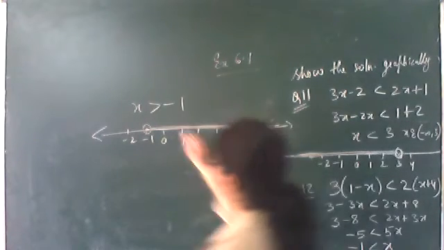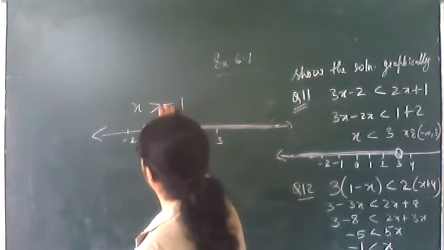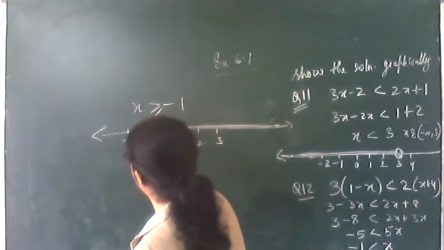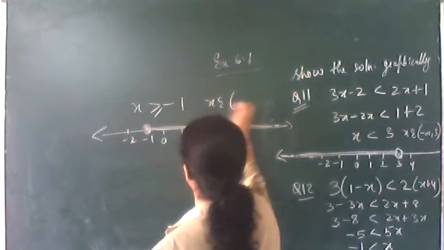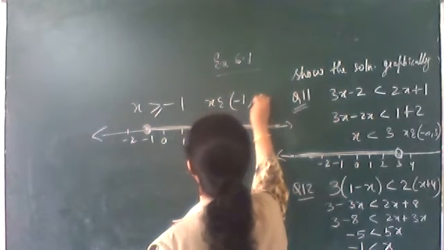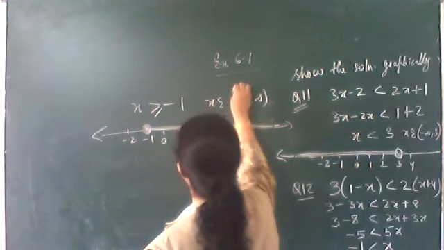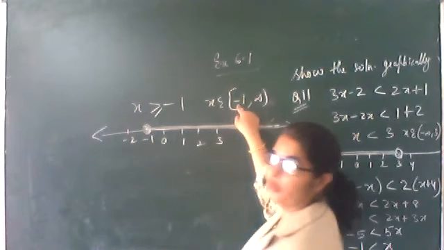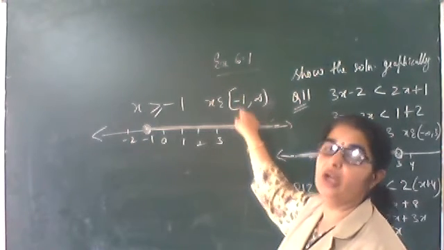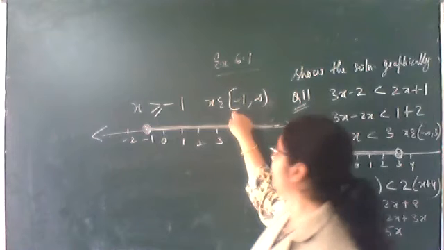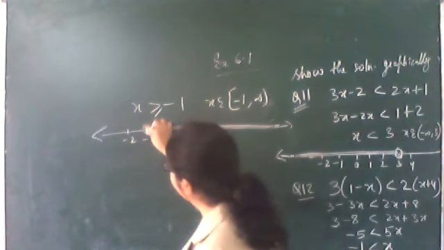Suppose I'm telling you, if there is an equal to symbol, then darken the point minus 1. So x is greater than or equal to minus 1 means minus 1 to infinity. Now this value will be included, so we will have a square bracket. Whenever you have a square bracket, or a closed interval, that side you will have a darkened circle.